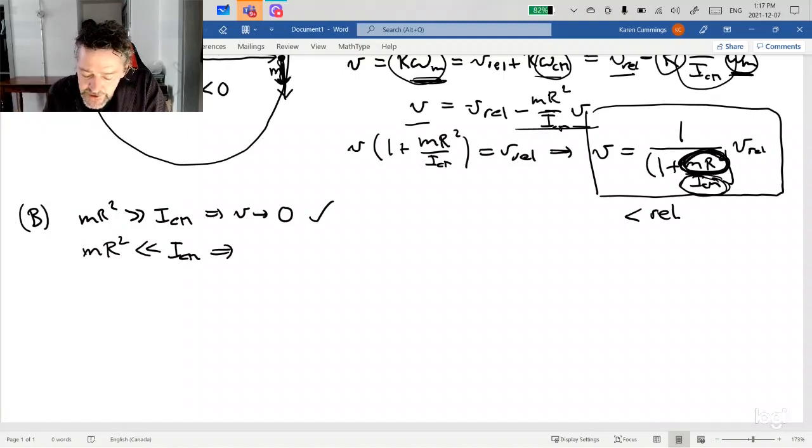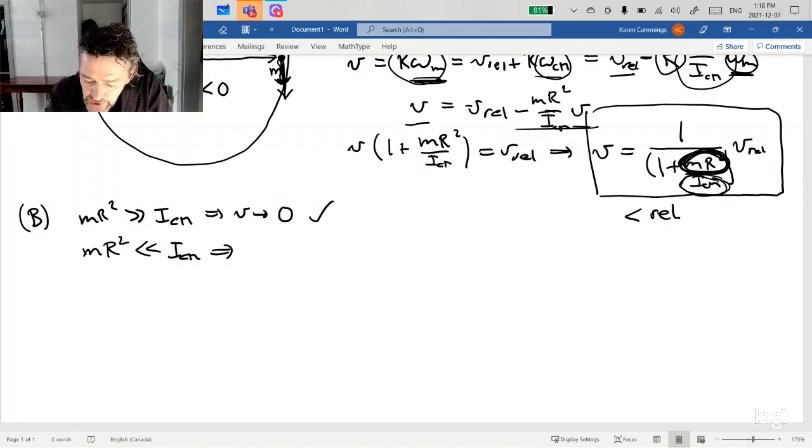Okay, so mr squared is much less than ICM, so that means you have a super light person on a really heavy disk. Well, when that guy pushes against the disk, because the disk is so massive, it's barely going to move backwards. But that same force will cause that person to accelerate up to the speed v. And so at the end of the day, we got a person walking around with basically a speed v relative to the ground, because the disk is barely rotating.